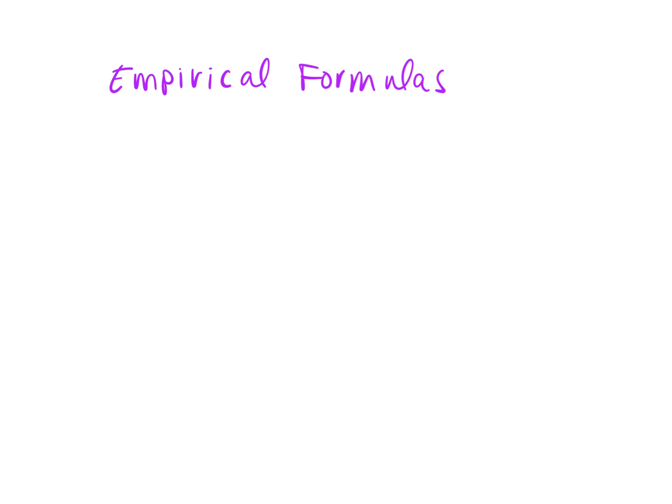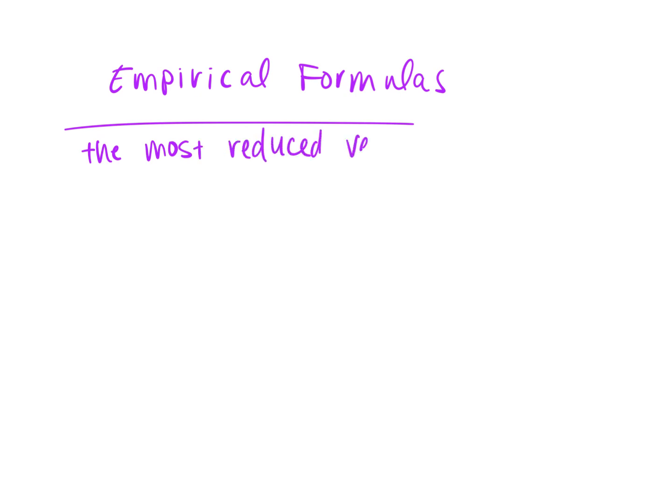Thank you. Okay, so we're going to talk about something called empirical formulas. Empirical formulas are basically the most reduced version of a formula. The most reduced version of a chemical formula is called its empirical formula.